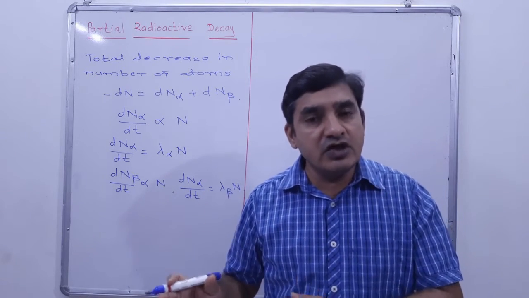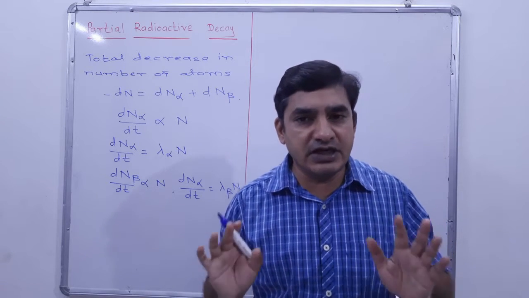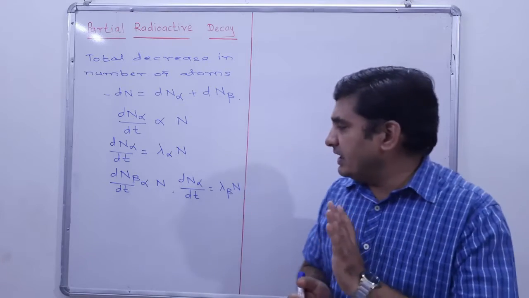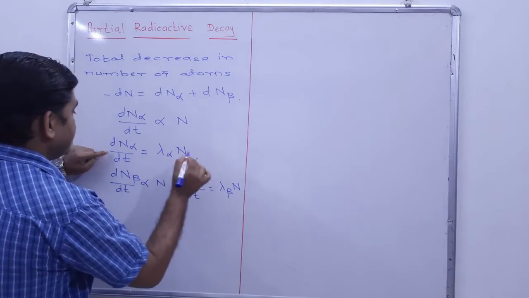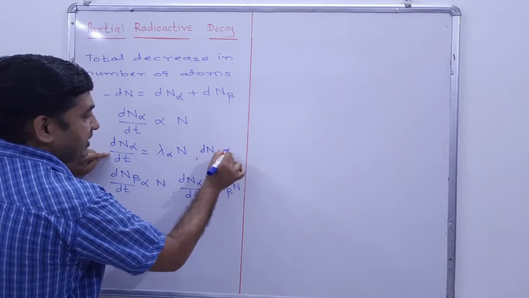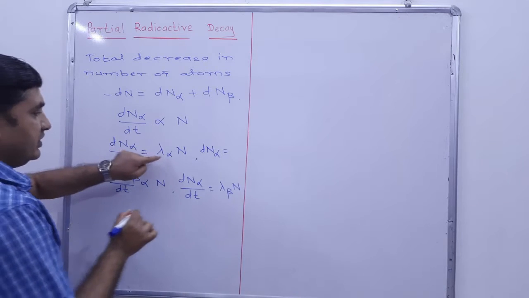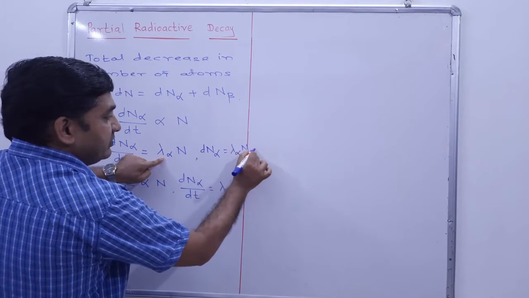From these equations, dN alpha equals lambda alpha into N into dt.